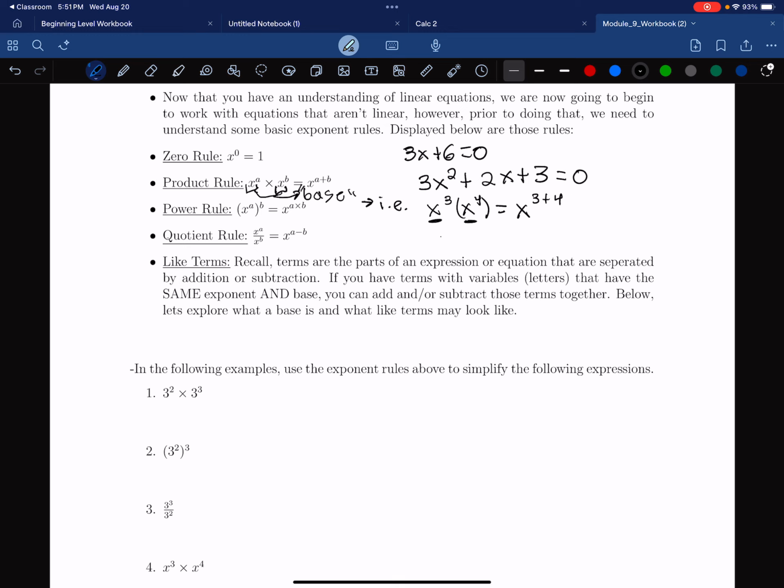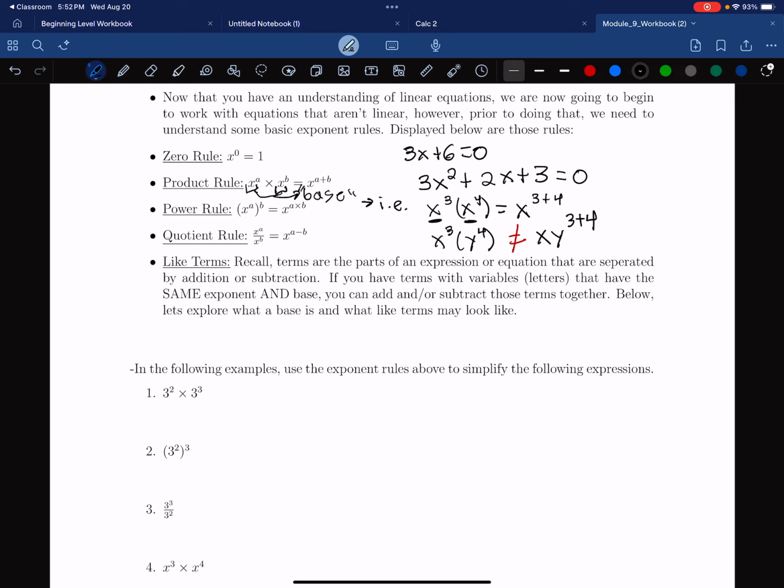But if we were to have something like x cubed times y to the 4th, we cannot combine those exponents. So this does not equal x to the y, 3 plus 4. So notice the difference, right? We need to have the same bases to be able to combine these exponents. X to the third times y to the fourth does not equal this.